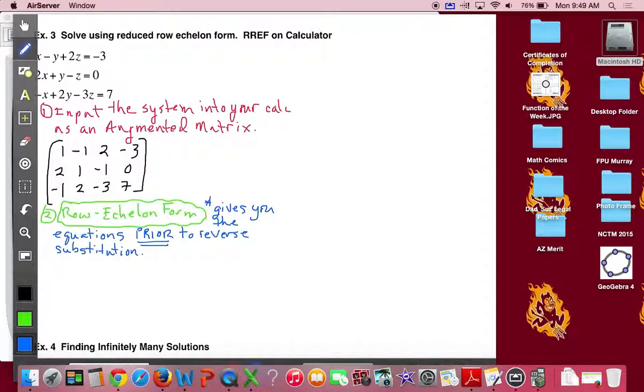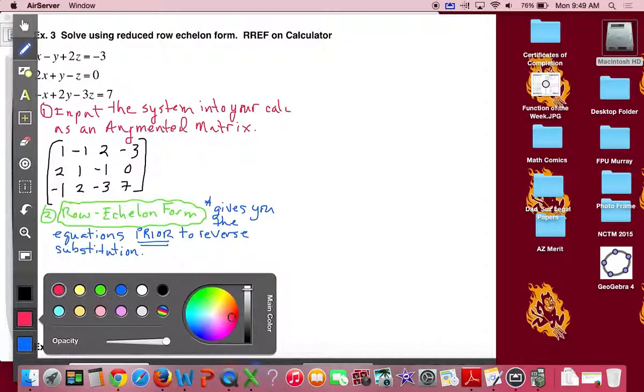And so that was our point of doing row echelon form by hand, was we could get to the point where we were going to get z equals some number and we could do reverse substitution above. So we're going to actually find that on our calculator, and here are your instructions.